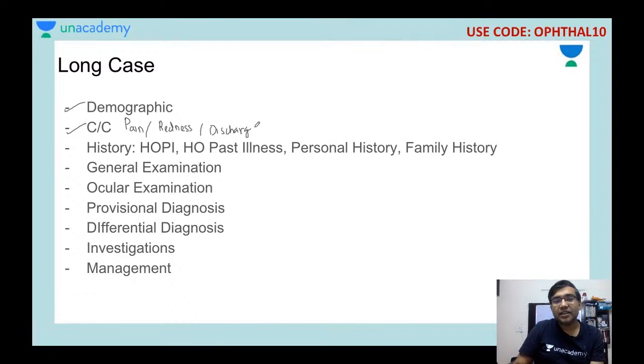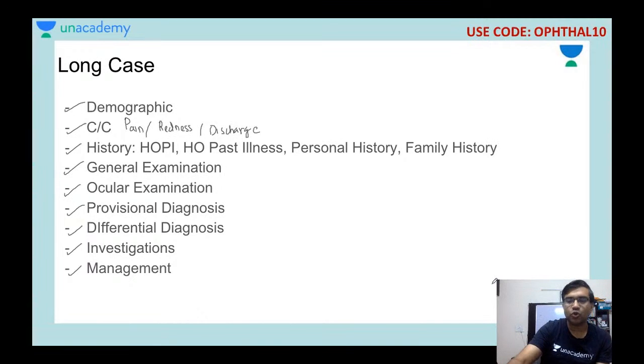Then you would be asked about the history of the patient, you have to do the general examination and the ocular examination, provide the provisional diagnosis, then your differential diagnosis, and tell what investigations you have to do and what management you have to do. So that is how you present a long case in ophthalmology.